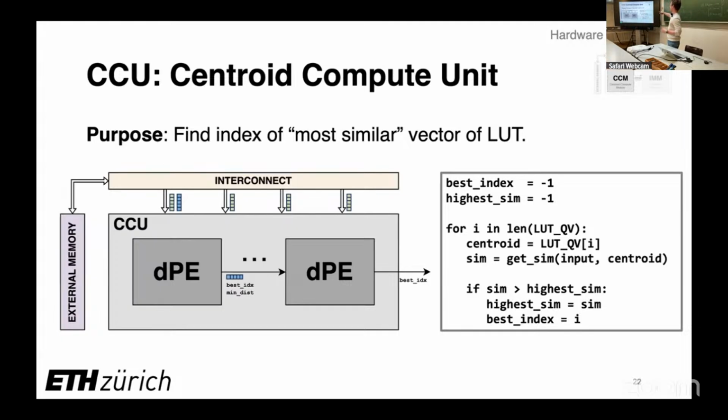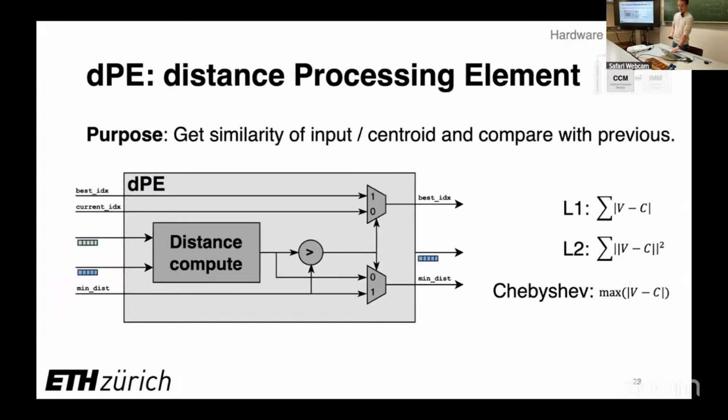If the similarity is higher or the distance is smaller, you update the index and update the similarity, pass it to the next row, and you go through the whole table. And at the end, you have the best index. And then inside each DPE, you have a very simple hardware, a block to compute the distance, and then just a little bit of logic to update the indices and the similarity.